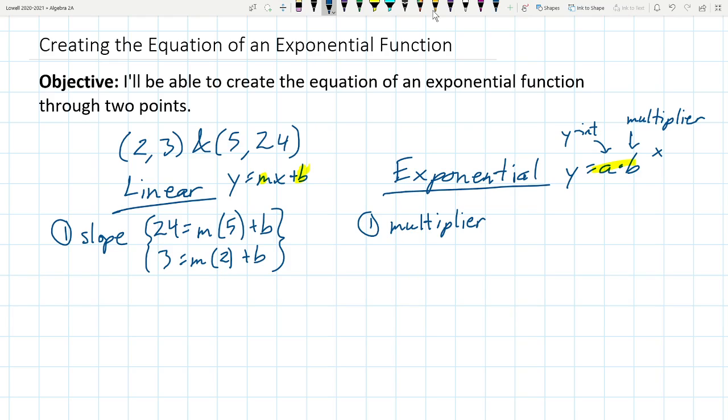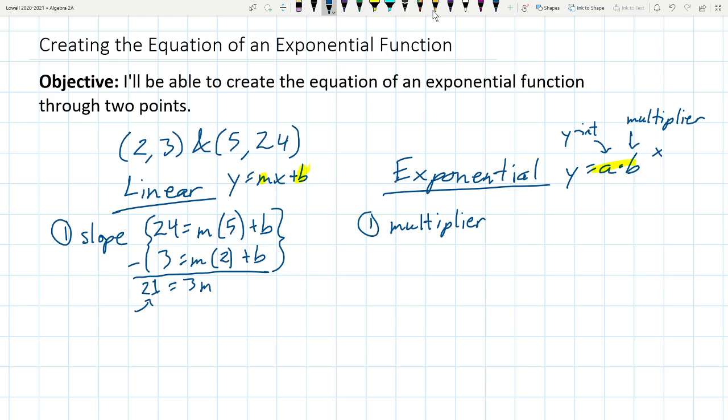I could just solve this system. I would subtract the equations to eliminate b. I get 24 minus 3, which by the way is our delta y, equals 5m minus 2m, which is 3m.